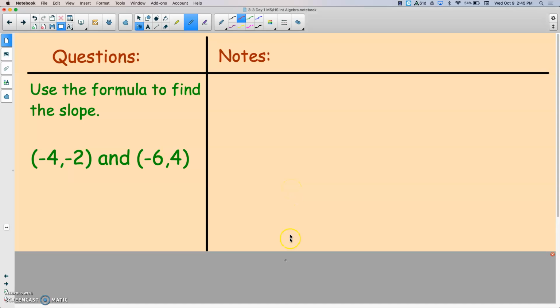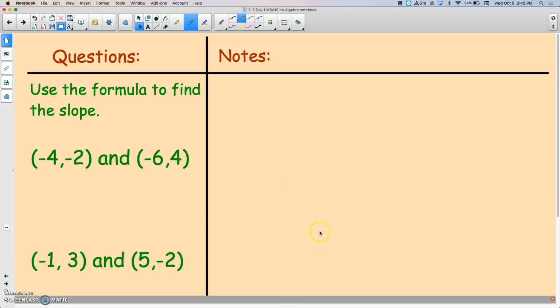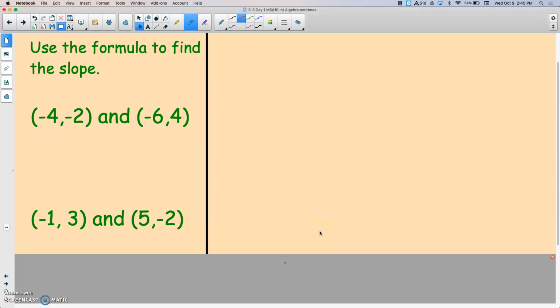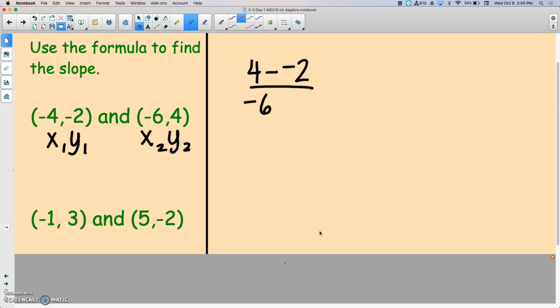Next one. Same thing. So xy, first ordered pair, xy, second ordered pair. So I need y2 minus y1 over x2 minus x1.